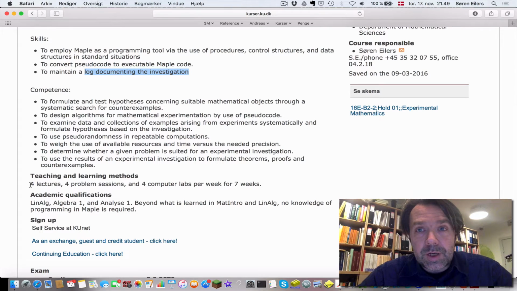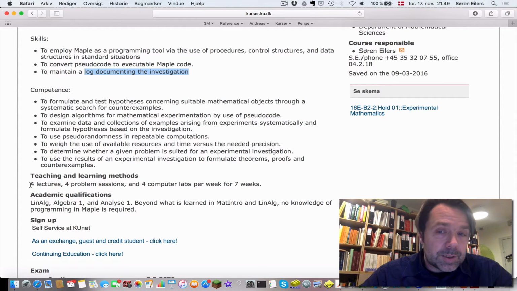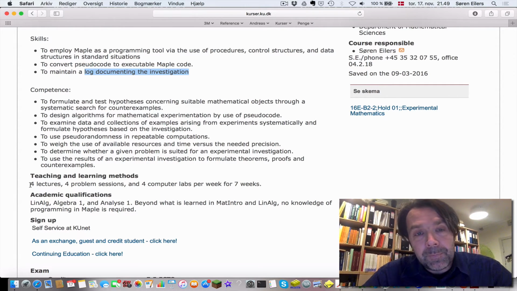The lectures are essentially me saying something, going over examples, going over theory. This will be fairly traditional. I will use Blackboard and Beamer and so on.